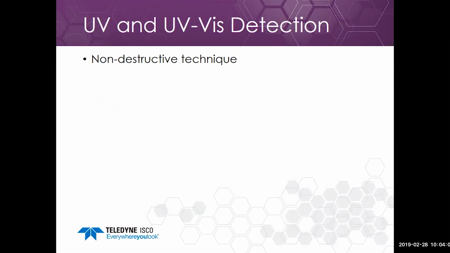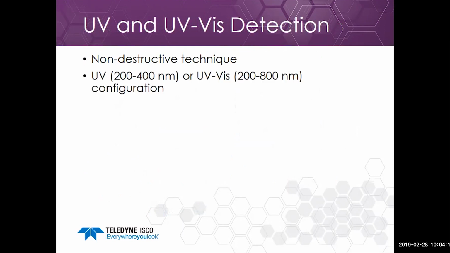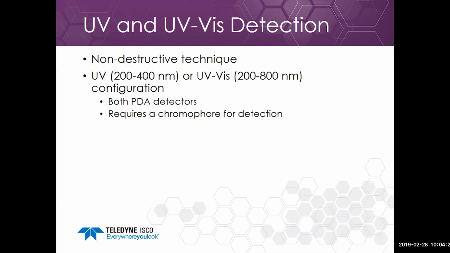So beginning with UV and UV-Vis detection, it's a non-destructive technique. There's two configurations, the UV or the UV-Vis module with the wavelengths I mentioned before. Both of them are PDA detectors. It requires a chromophore for detection, so you need to have some sort of UV absorbance within the molecule. Systems without baseline correction limit your solvent choices for UV.